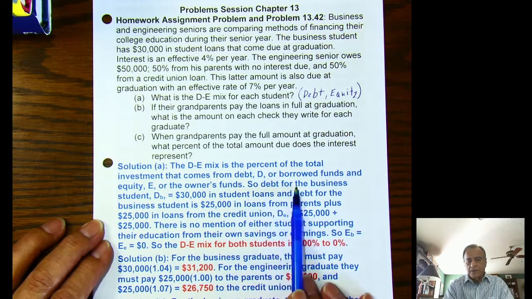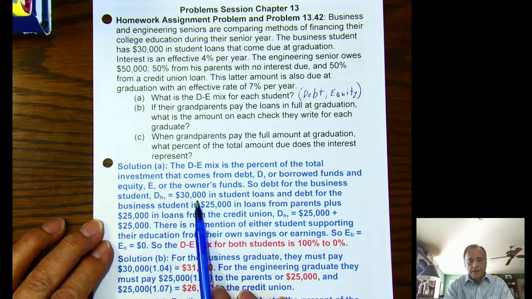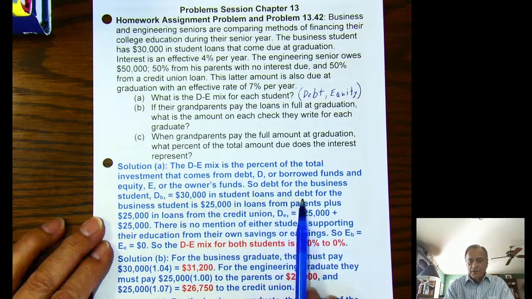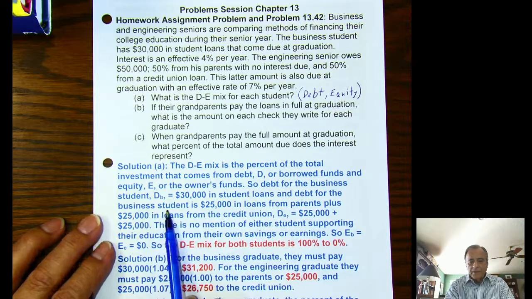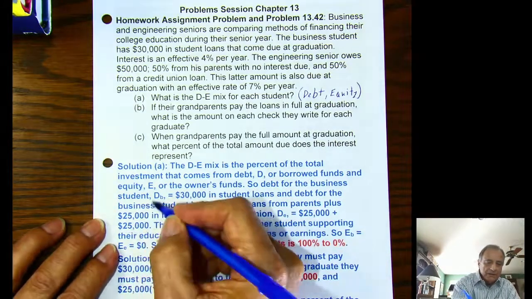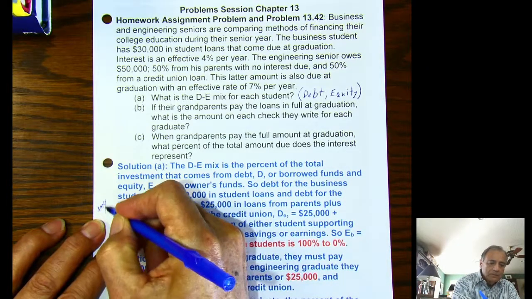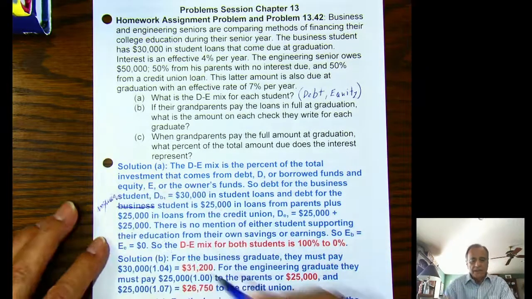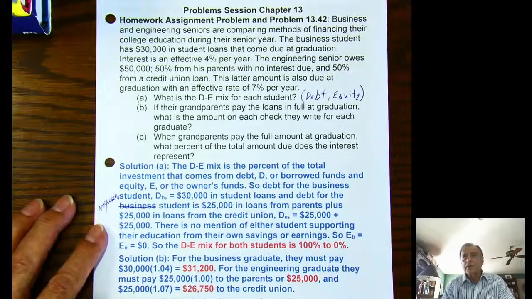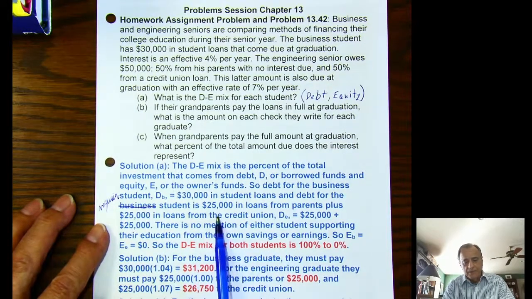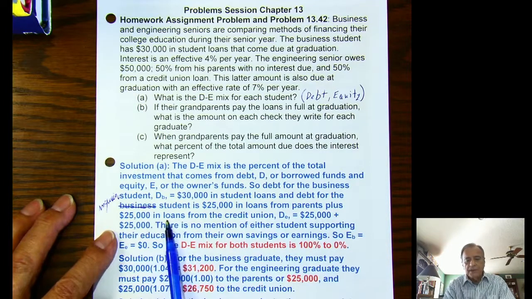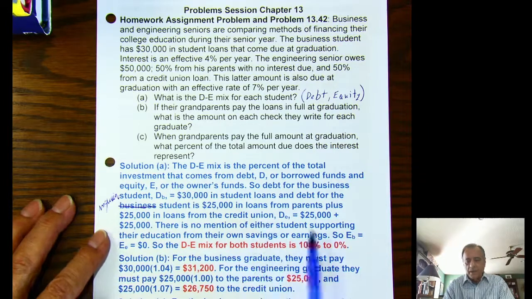So debt for the business student, I call that D sub B for business, is 30,000 in student loans, and debt for the engineering student, and I'll correct that, that's what happens when you copy and paste, is 25,000 in student loans from the parents and 25,000 in loans from the credit union.